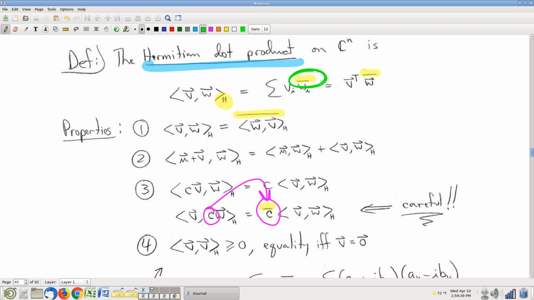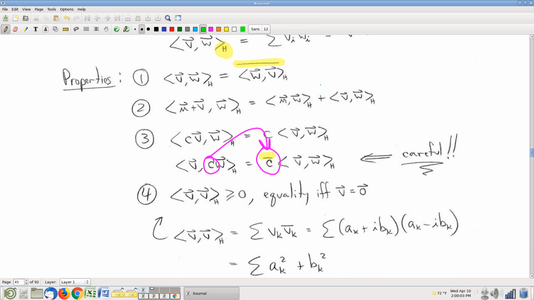This is exactly the same operation as the Math 212 dot product in Rn. So it's not really new. It's just a new way to write it down. And arguably this is, like I say, a more natural generalization for the complex setting than our previous naive notation would have suggested. Okay, so enough of that.